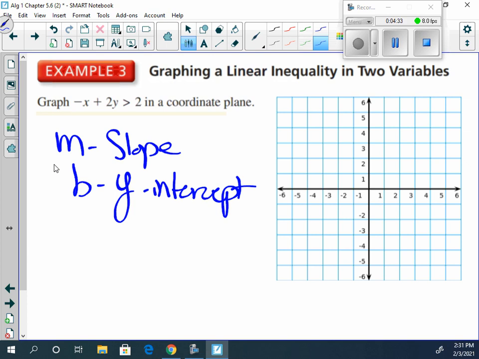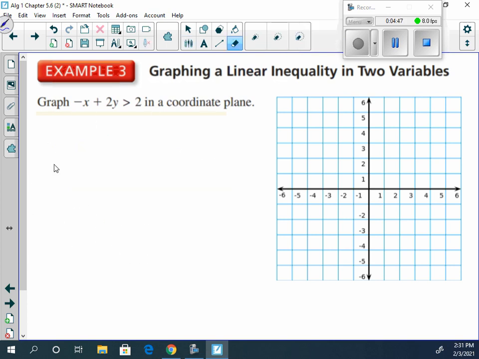Because if it's in the form y equals mx plus b, or using our inequality signs, it's a little bit easier to find the slope and y-intercept by looking at it. But we still need to graph the equation of this line by using 2 points.